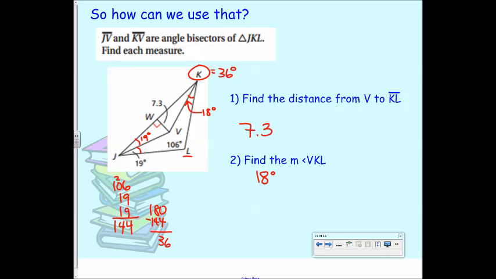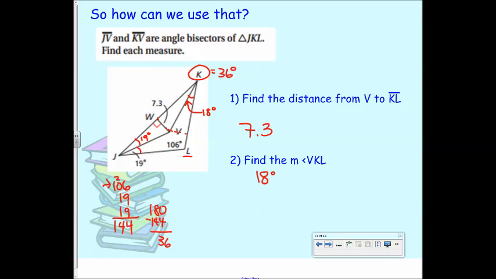This one to the side is 7.3, so this to another side must also be 7.3. The 106 has nothing to do with the first problem, only the second. You need it because otherwise you couldn't figure out what these two were added together. You need it right here. That's the measure of this angle. Oh, okay.